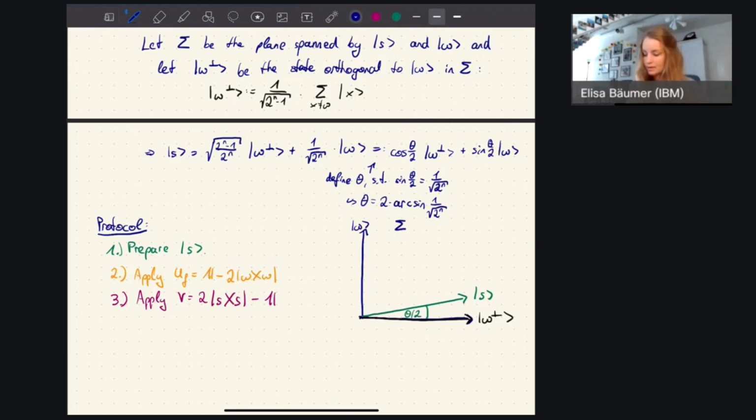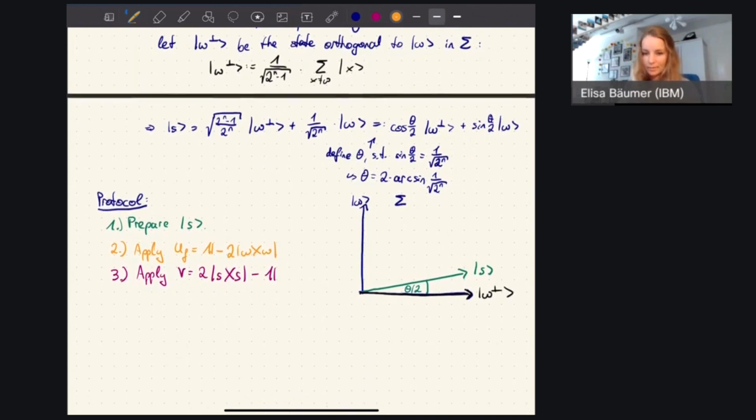Now the second thing that we do, the second step, where we apply identity minus 2 times projection onto W, let's look at what happens. If we first apply identity, applying identity to this vector will stay here. But then we subtract twice the projection of S onto W, which is this part here.